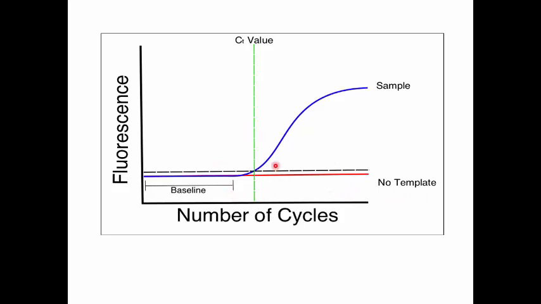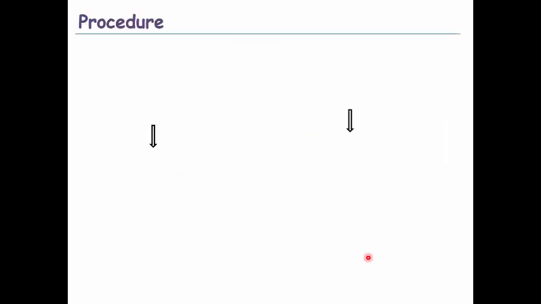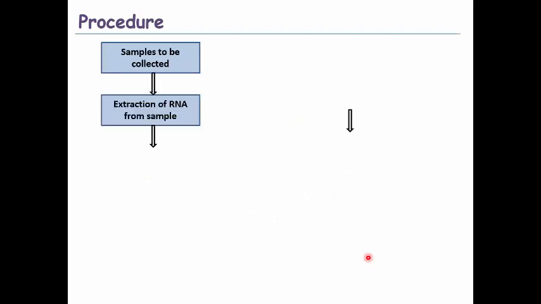We are not going into detail for that. This is how the copies will be increased and more fluorescent dye will be released. So what is the procedure? First the sample is to be collected, then extraction of RNA from the sample.